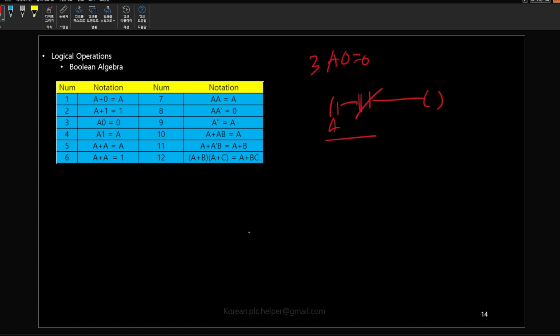In series, the output is always off. Number 4, A multiplied by 1 equals A. It is an AND gate with A and 1 in series. The output depends on A, whether it is on or off.